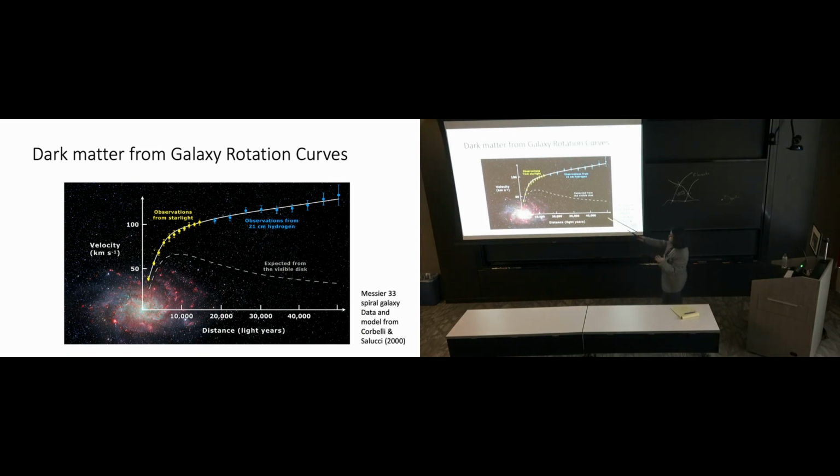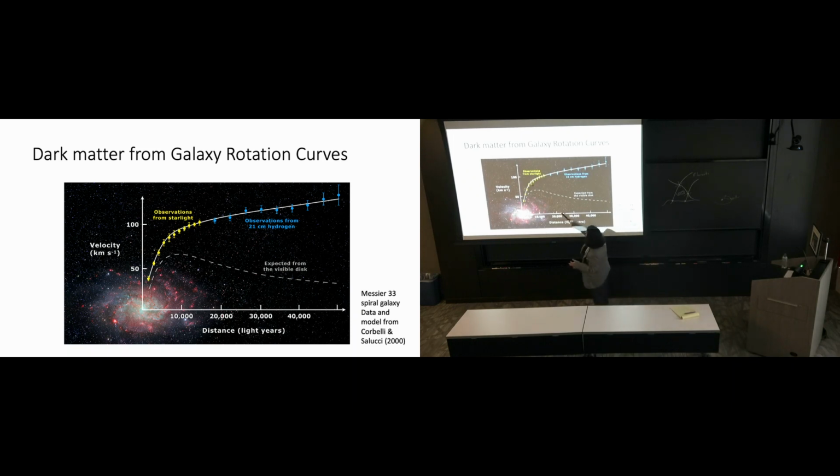And people found in the early parts of the 20th century, Zwicky is often credited with the first such observations, that the velocities of stars do not at all match what you'd expect if the mass distribution was only from the standard model stuff like stars.